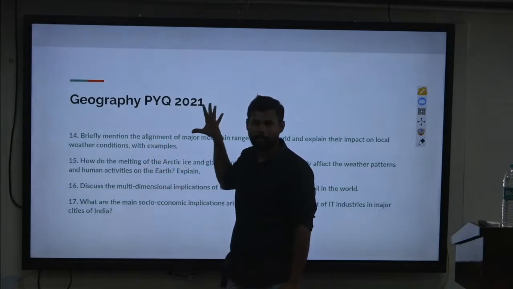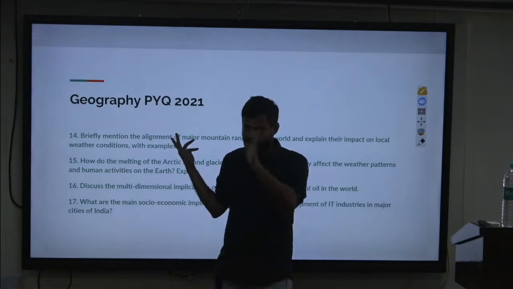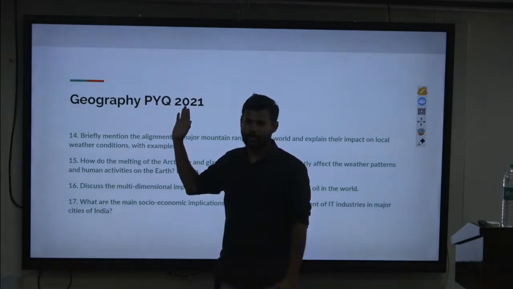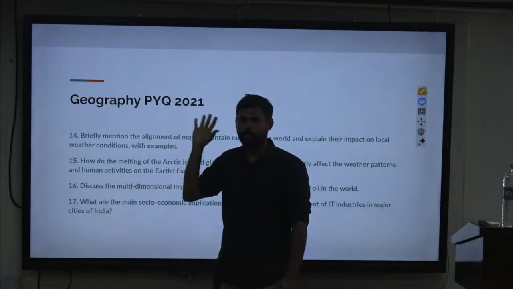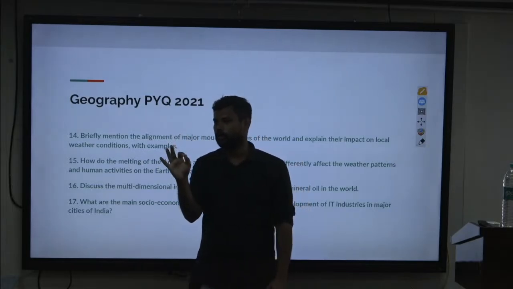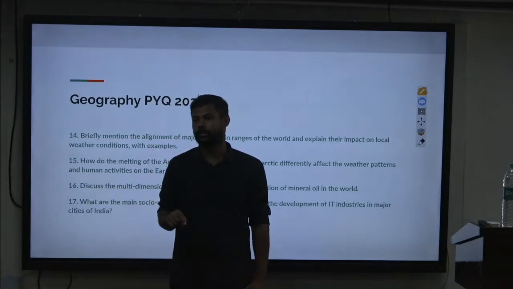And show one world map showing all the mountain ranges in the world. There, if you want, you show off to the examiner that I know so much. You show the Hercynian mountains, the Caledonian mountains, whatever mountains you want. But overall, the answer should be like this. Whenever they give you a very broad level question, they are asking you to create the boundary.